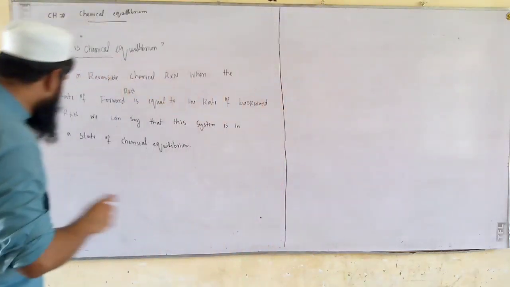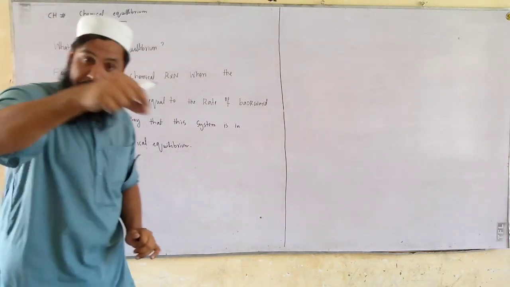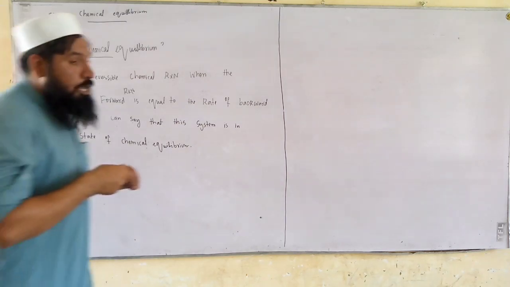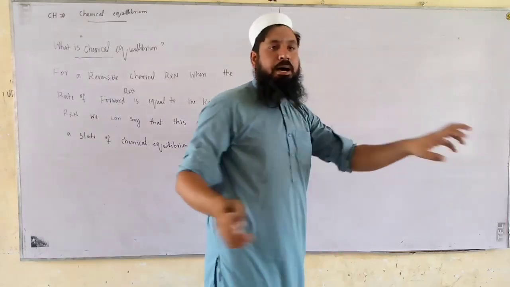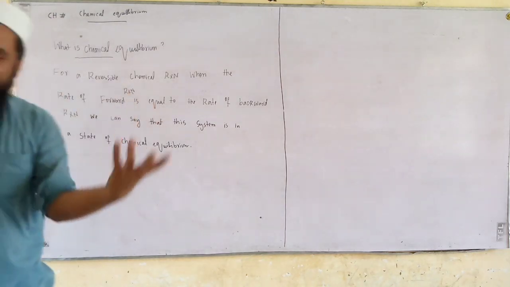So I write here that chemical equilibrium is a dynamic equilibrium. Here I will define dynamic equilibrium, and after that I will explain how chemical equilibrium is a dynamic equilibrium.